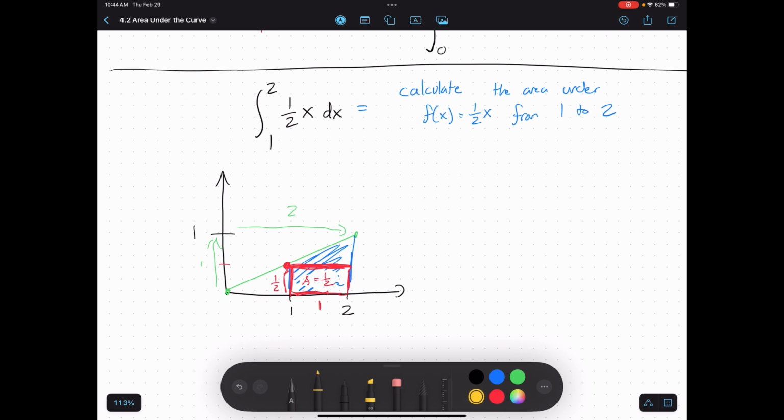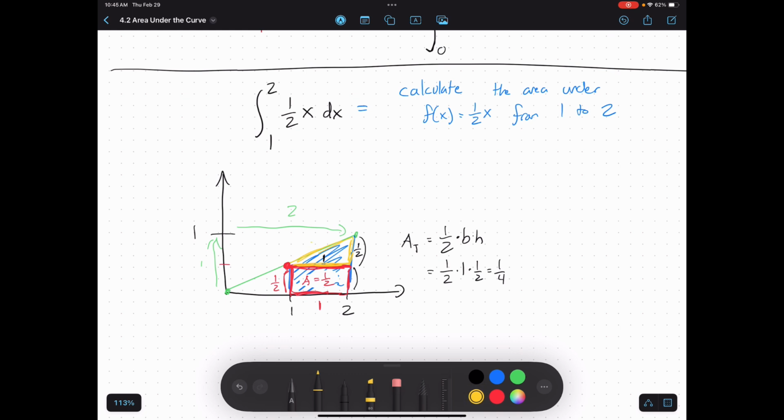Now, what about my triangle? Okay. Just to remind you, I have a formula for the area of a triangle. The area of a triangle is 1/2 times base times height. What's my base? My base is still 1. And my height is similar to my height of my rectangle. This was 1/2, so this is also 1/2. So there's my height. So my area for my triangle is 1/2 times 1 times another 1/2, and I get 1/4.